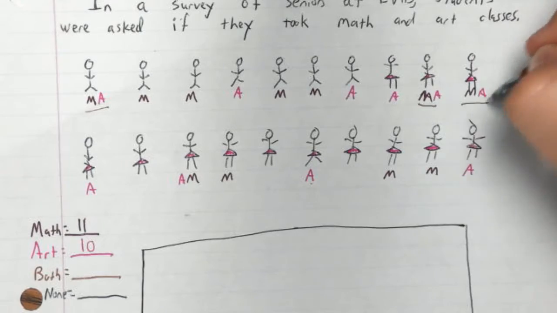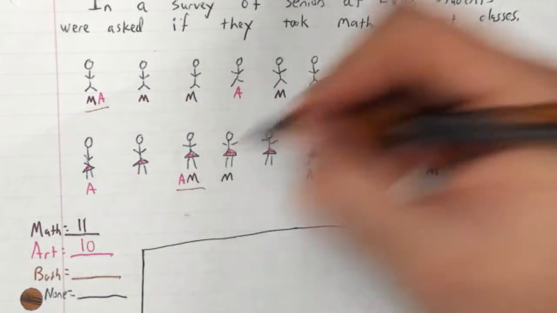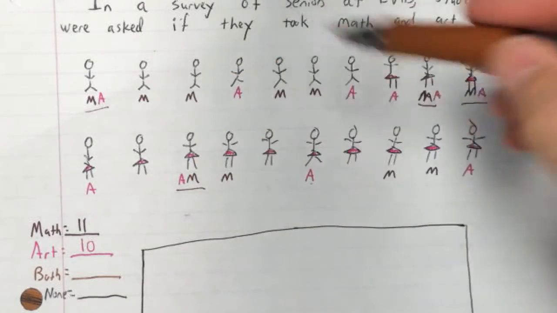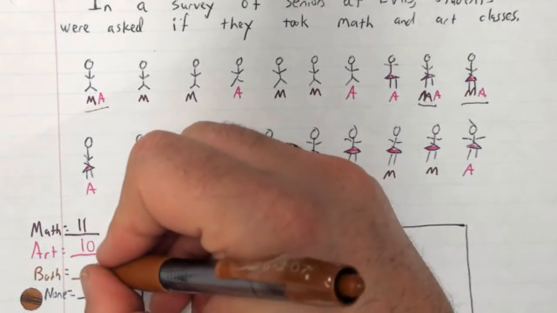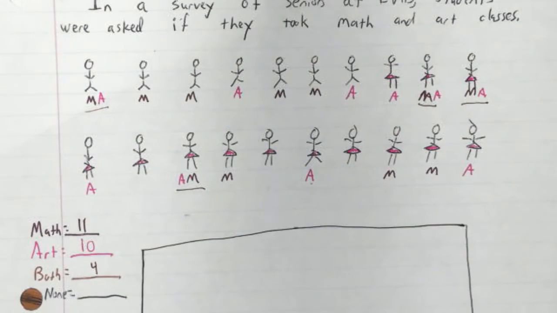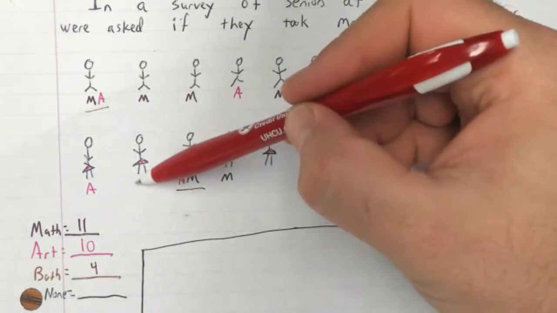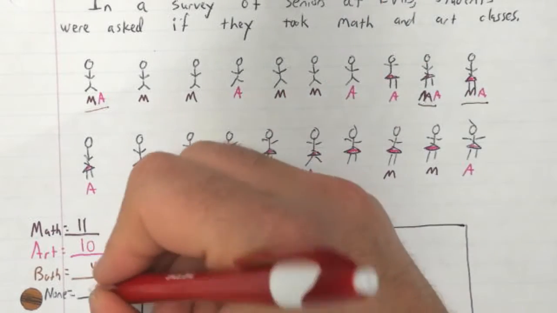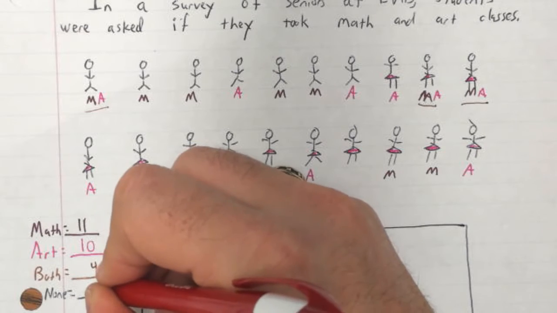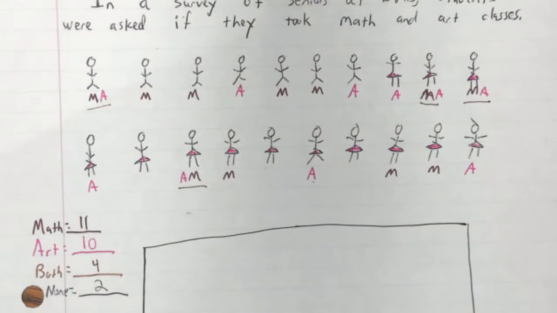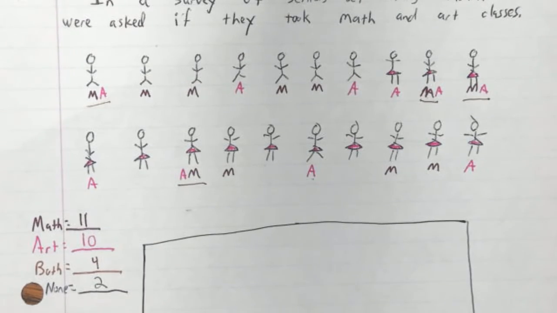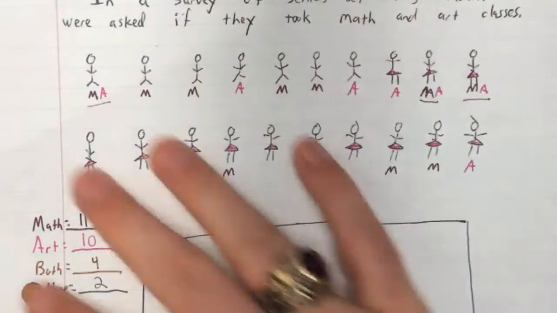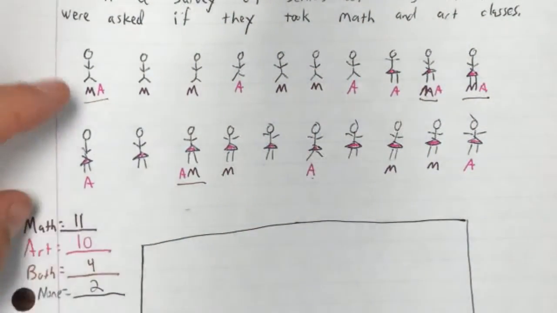This girl, these two are taking both, and this girl is taking both. So we've got 4 of them taking both classes, and seniors have off periods sometimes. Looks like this girl and this girl have no math or art, so we've got 2 that fit into that category.